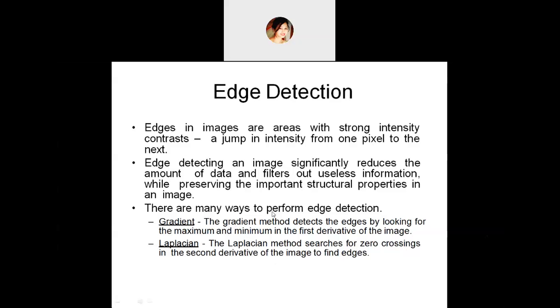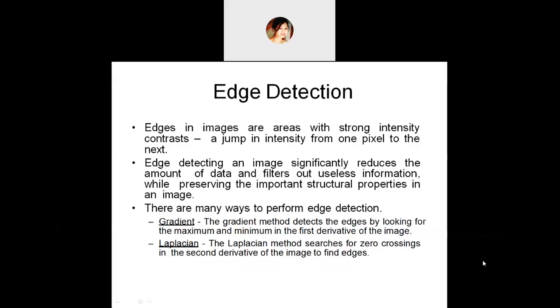Here in image segmentation, to perform edge detection, we use gradient and Laplacian types. The gradient method detects edges by looking for maximum and minimum in the first derivative of the image, and Laplacian is a method which searches for zero crossings in the second derivative of the image to find the edges. So just remember these terms.